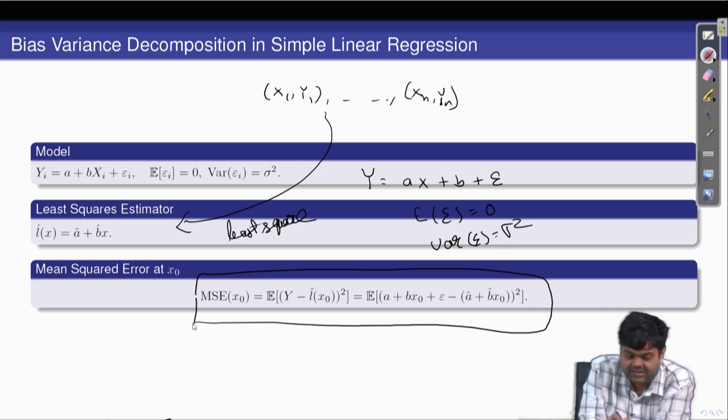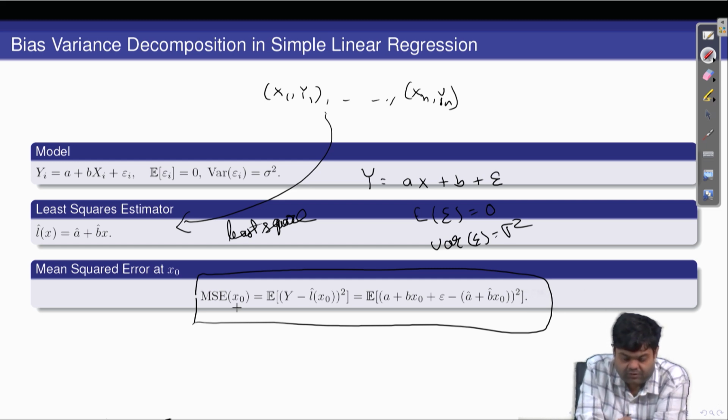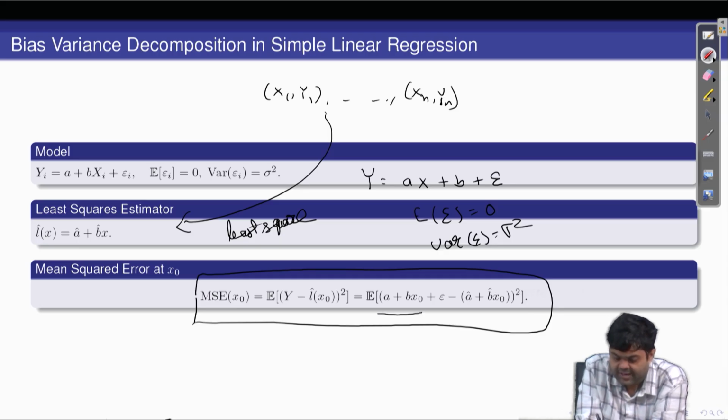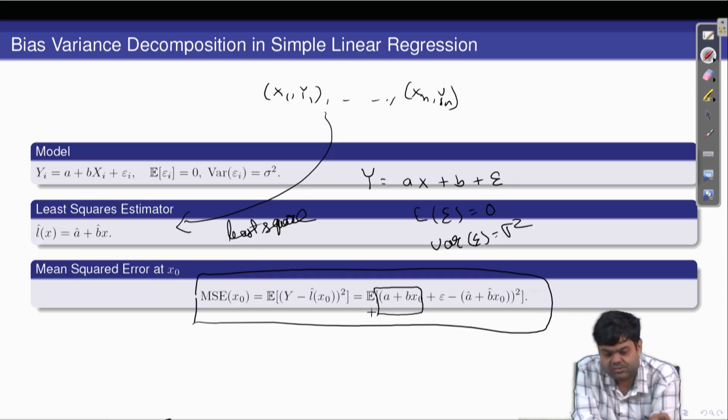So, you will basically take, for a particular point x naught, the expected value of the predicted y minus the expected value of actual y for x naught, and this predicted value in terms of x naught. So, that will be your mean squared error.